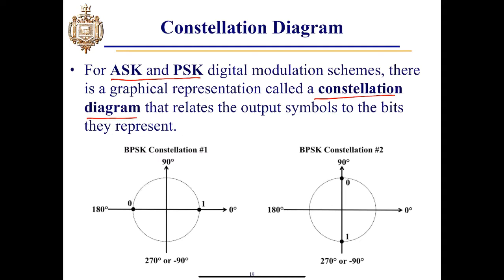In this example, we're going to go with binary phase shift keying, binary just meaning we're shifting between 2 different phase shifts. The radius from the origin here is your amplitude. So radius is the amplitude of your signal.